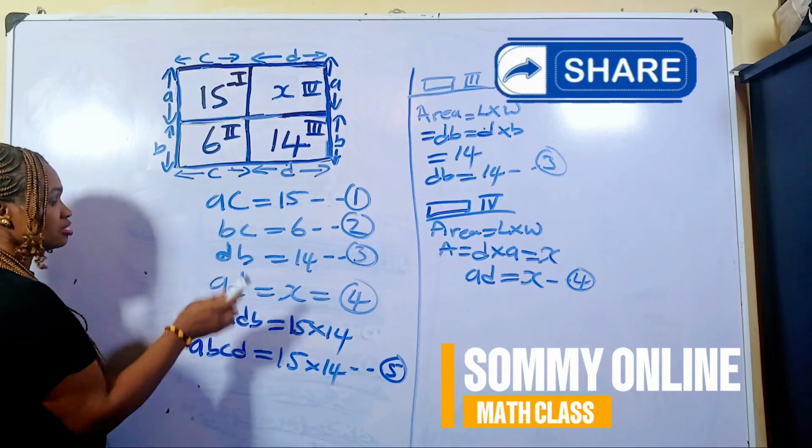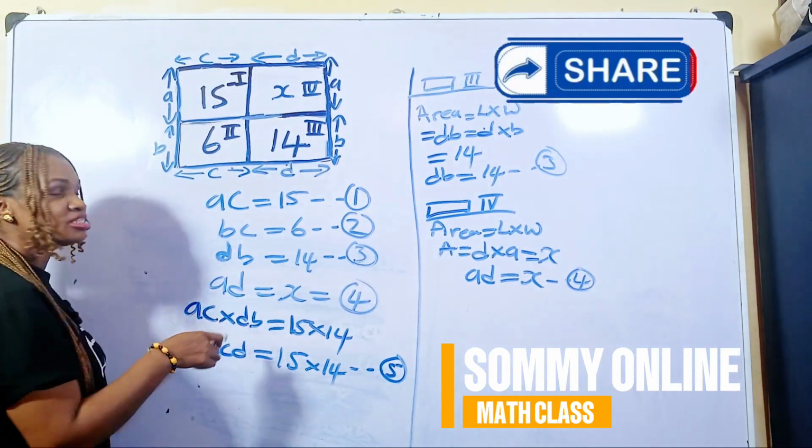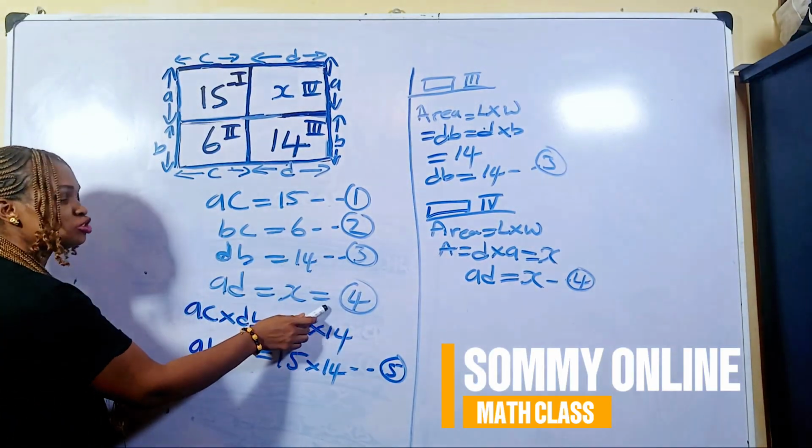Now let's multiply BC by AD, that's equation 2 multiplied by equation 4.